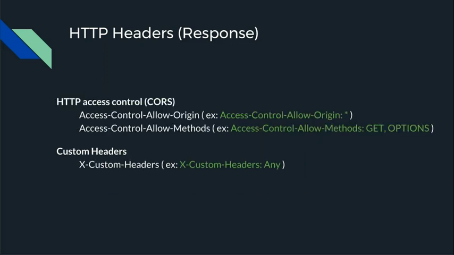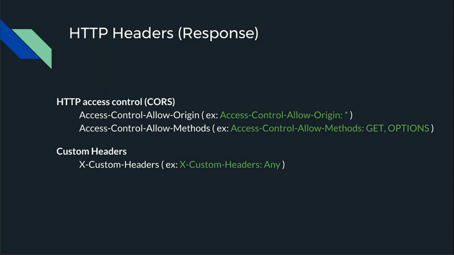There is another important header to look for in the response, which is HTTP access control or CORS. This header is for cross-origin requests, meaning that you request a resource from another domain or subdomain. This header is actually for the browser to control cross-origin AJAX requests from front end to back end.